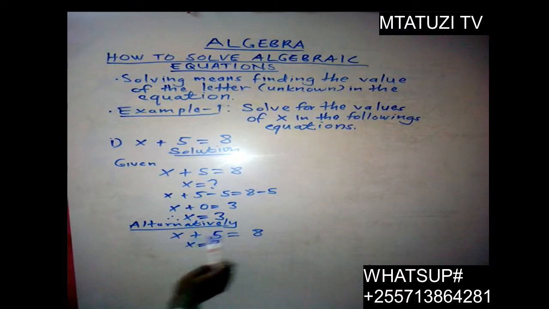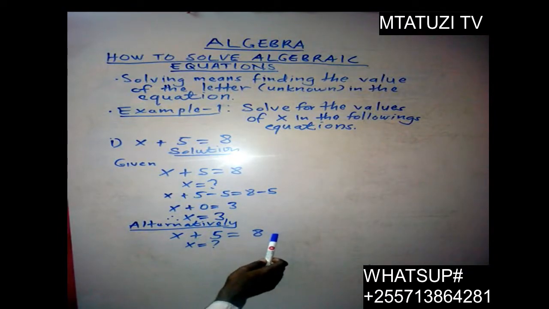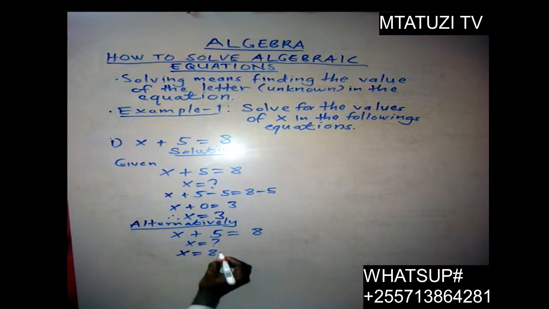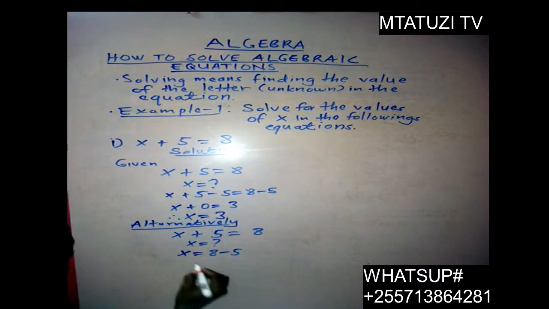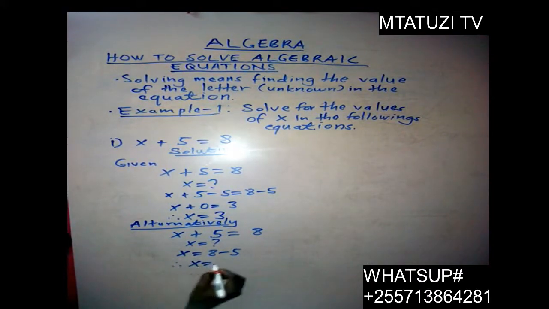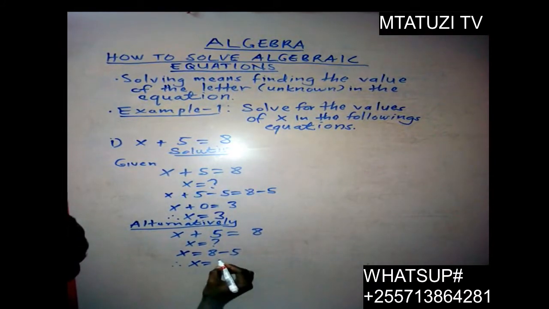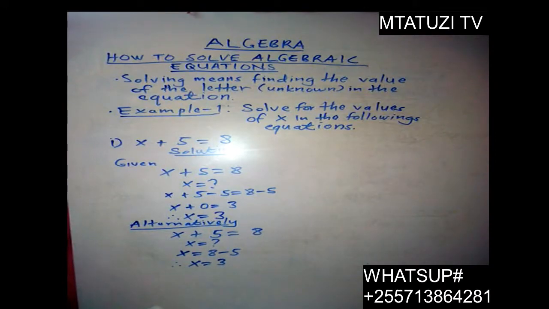Instead of plus, when it comes to this side, it will be minus. So therefore, x is equal to 8 minus 5, which is equal to 3. So that is another method of solving this type of equation.